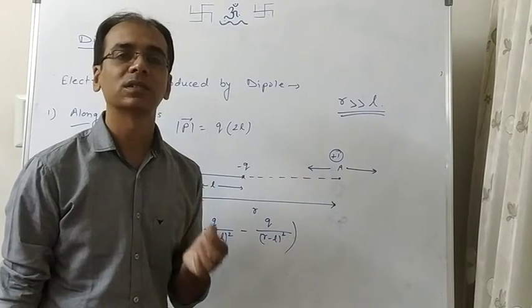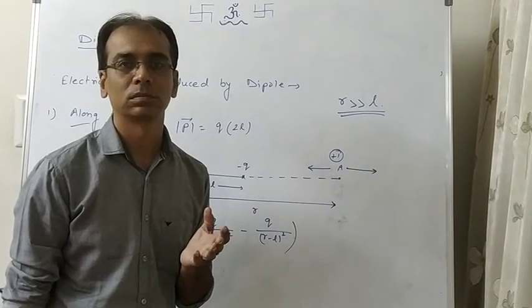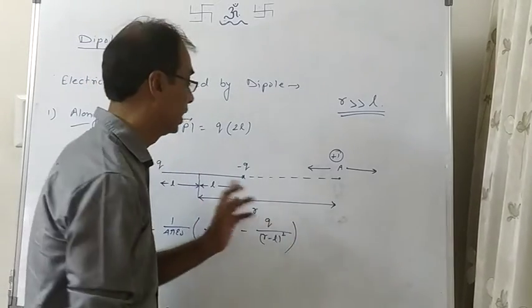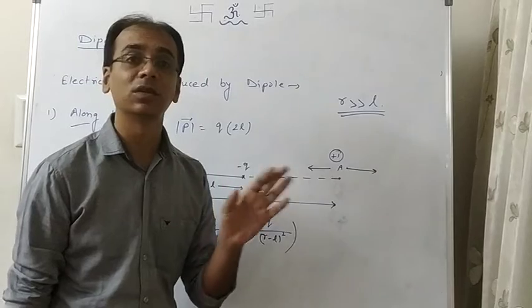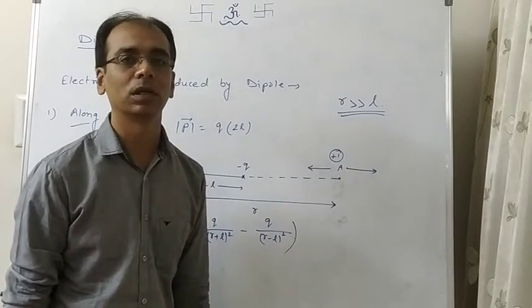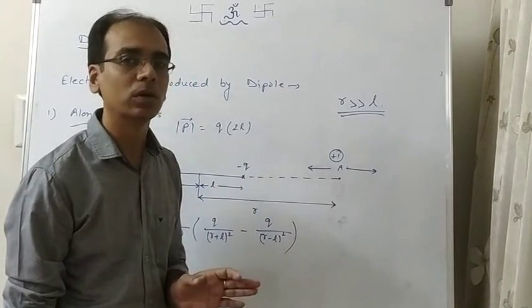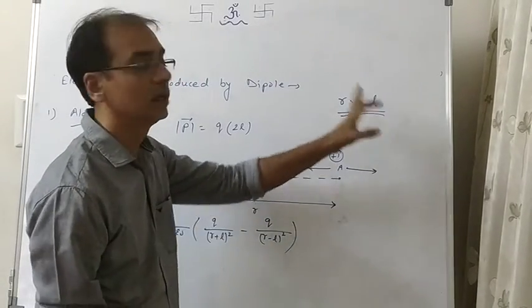The crystal size is in microns, 10 to the power minus 6 meter. Even if I take this L as 1 millimeter, it is still 10 to the power minus 3 meter, whereas the dipole size is 10 to the power minus 6. So it's negligible. So R is greater than L.